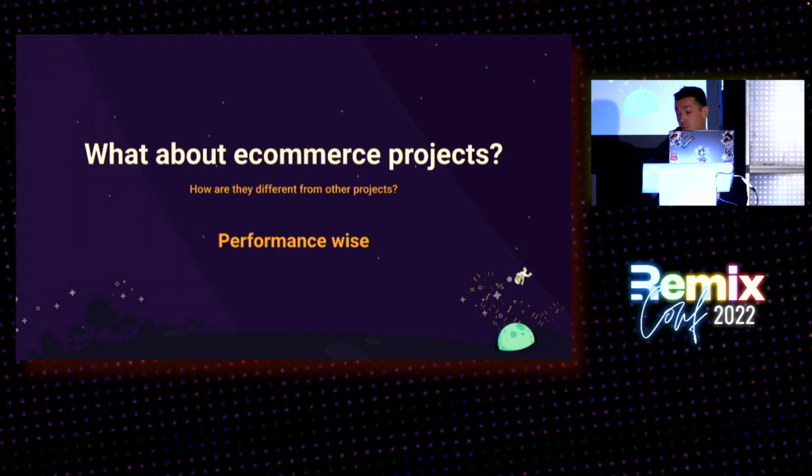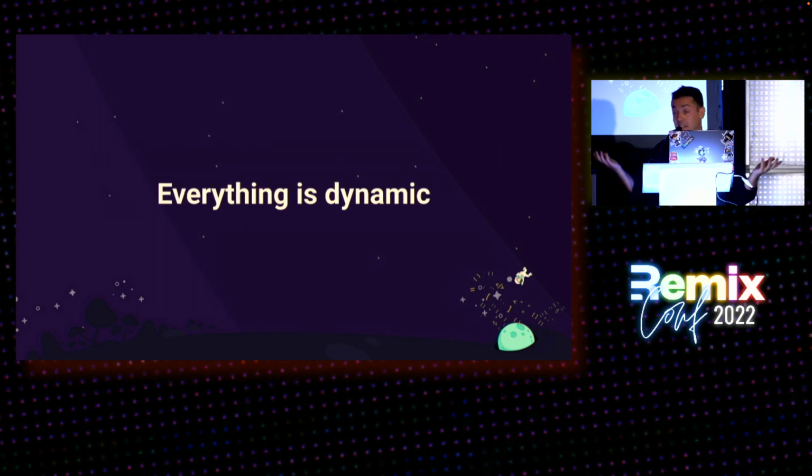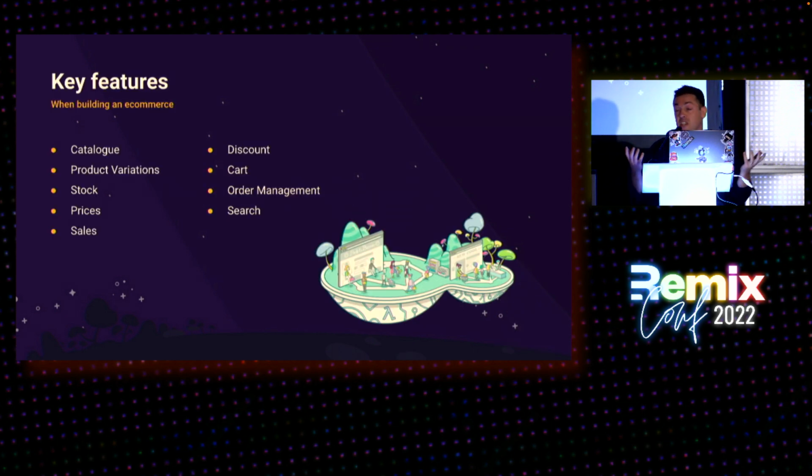So what about e-commerce projects? Why are they so different from other projects, performance-wise? First, it's simple. E-commerce projects are all dynamic. Everything is dynamic in an e-commerce project. Key features of an e-commerce project are catalog, product variation, stock, discount, cart, and order management.